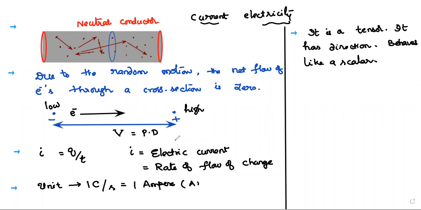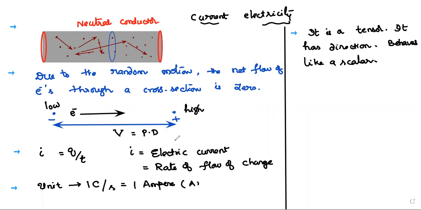So what we have to remember for the flow of current: first thing, we have to take a conductor, not an insulator. Number two, for the flow of current, no need to give charge to a conductor. It is a neutral body. Number three, there is already a surplus of free electrons inside.